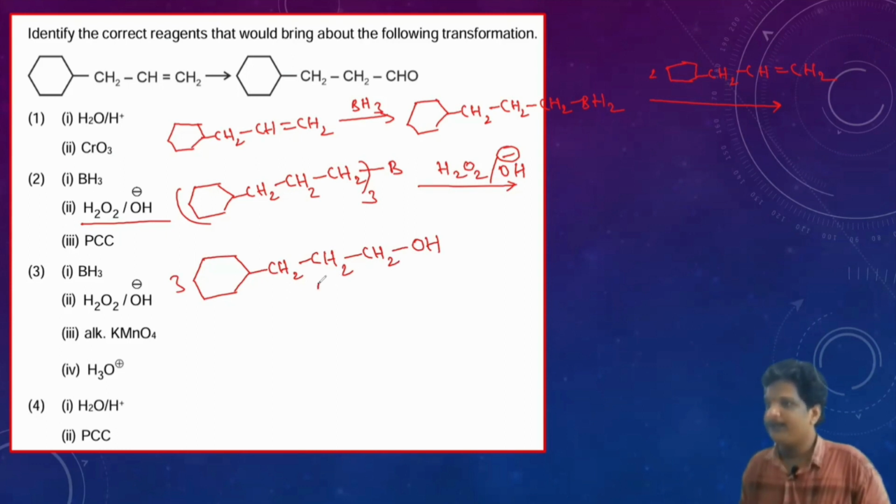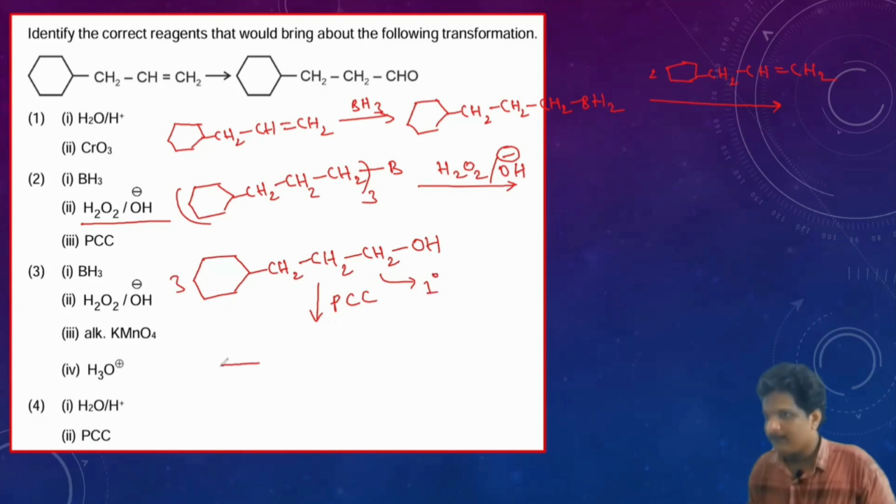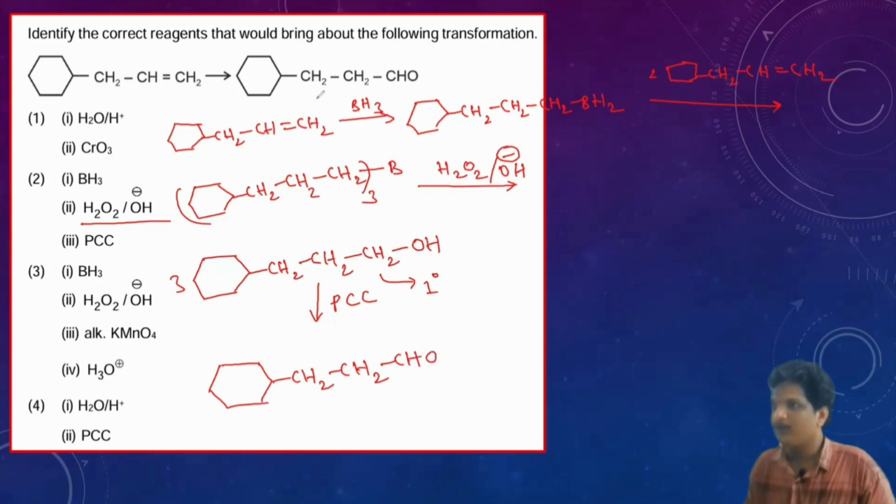Now on treatment with PCC, pyridinium chlorochromate, which is an oxidizing agent, this primary alcohol will be converted into an aldehyde. So you will get the product, CH2CH2CHO.